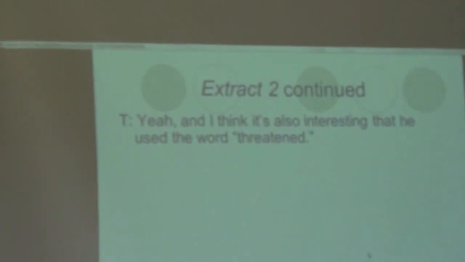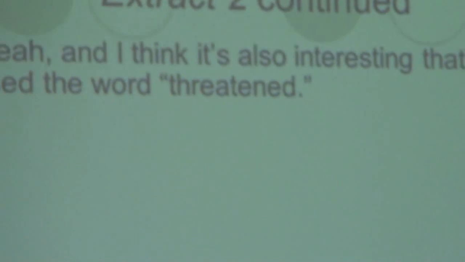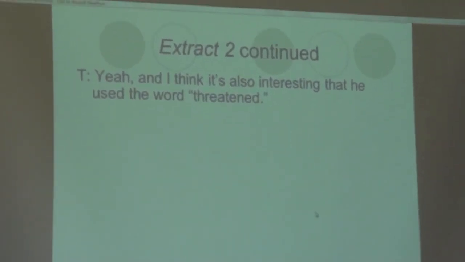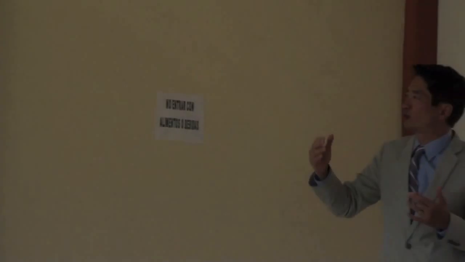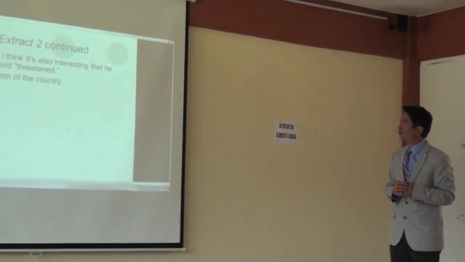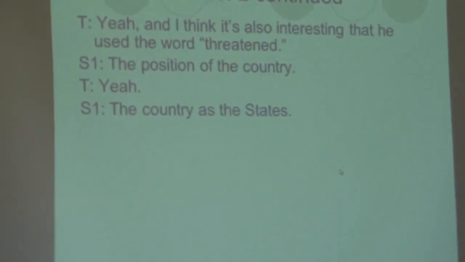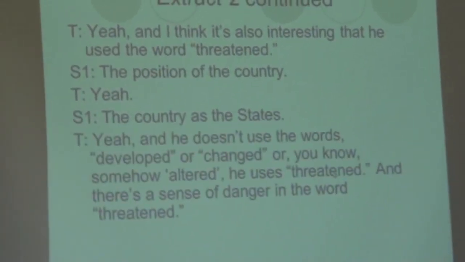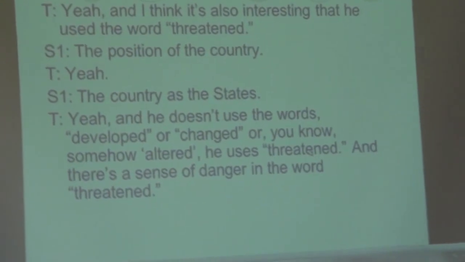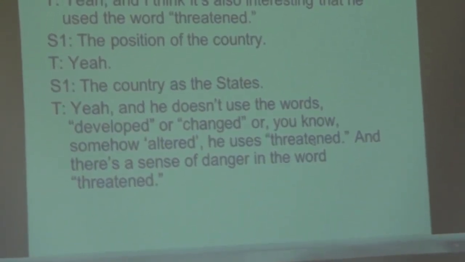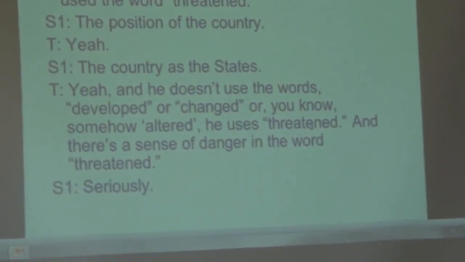So again, she focuses the students on the linguistic choices, the vocabulary choices we use. What is meant by, or implied in, the word threaten? And the student says, the position of the country. Yeah, the country is the states. And he doesn't use the words develop or change or alter. He uses threaten. And there's a sense of danger in the word threaten, the student says, seriously.